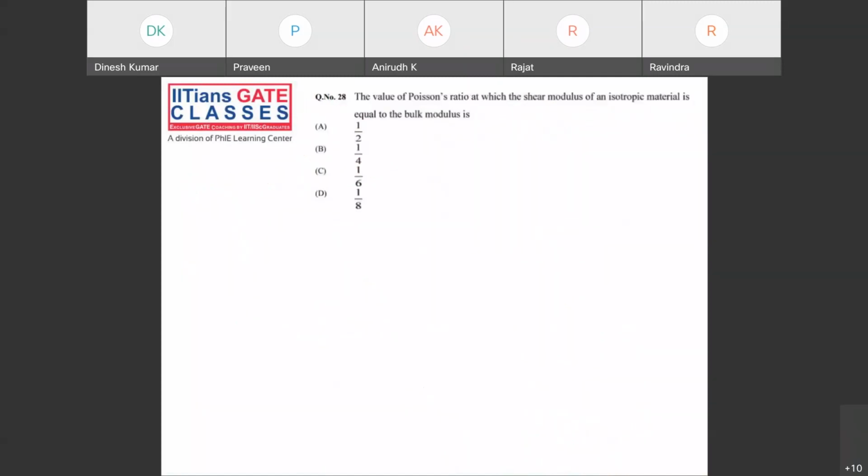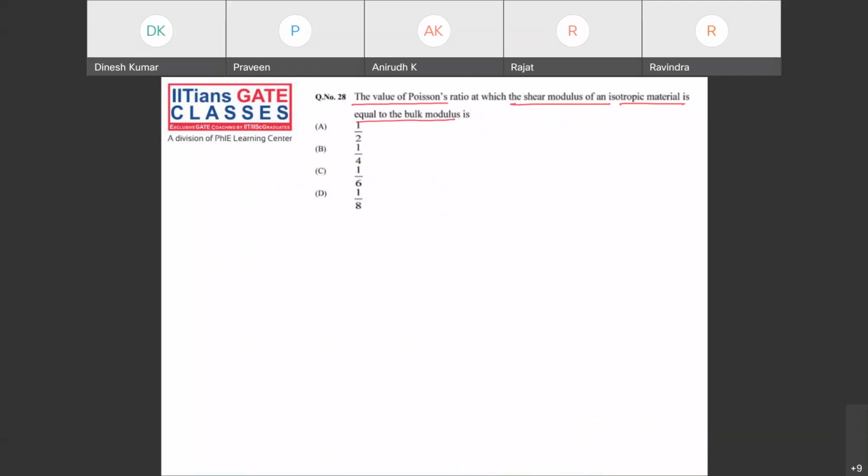Okay. Now let's move to the next question. What is the question? The value of Poisson's ratio at which the shear modulus of an isotropic material is equal to bulk modulus is.